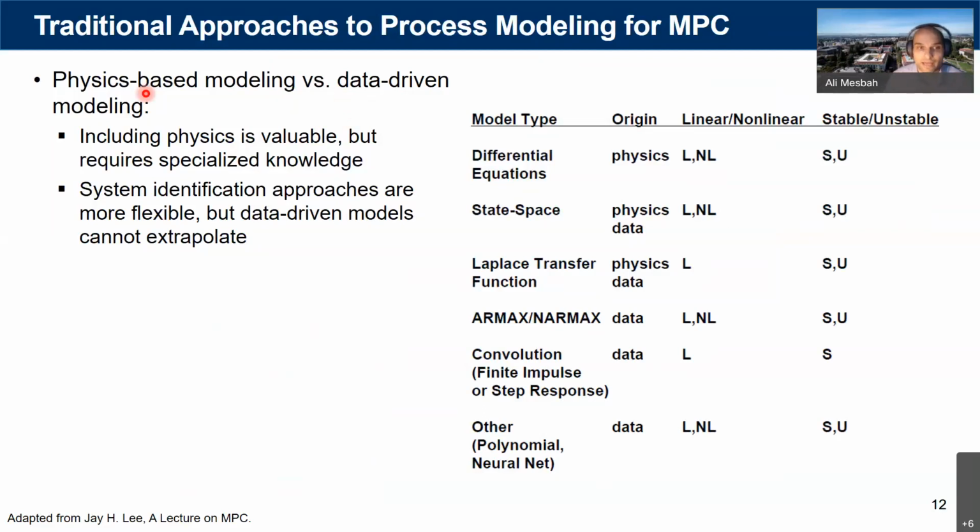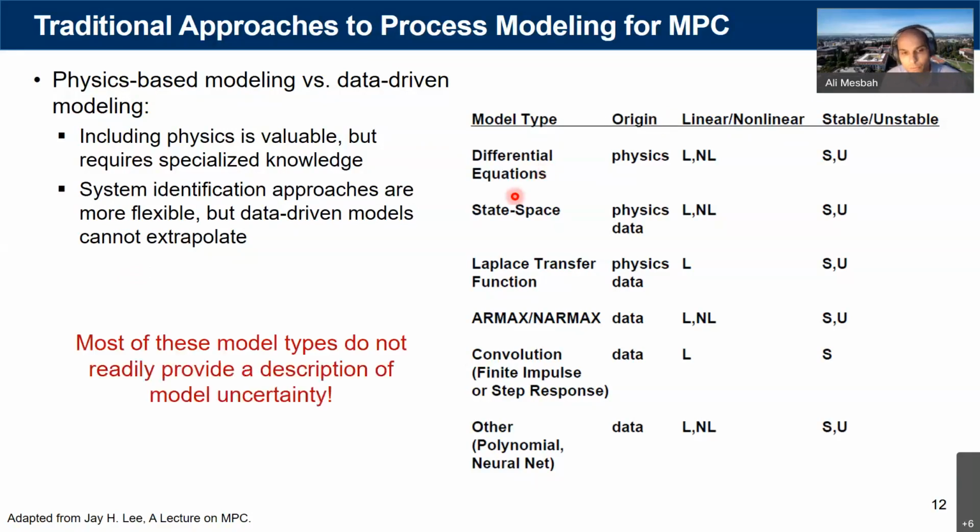On the other hand, we have fully data-driven or system identification approaches that provide a more flexible modeling framework based on data, but obviously they suffer from a lack of extrapolation ability. And as I mentioned, there are all these different modeling approaches to capture linear or nonlinear system behavior, based on physics or fully data-driven and so on.